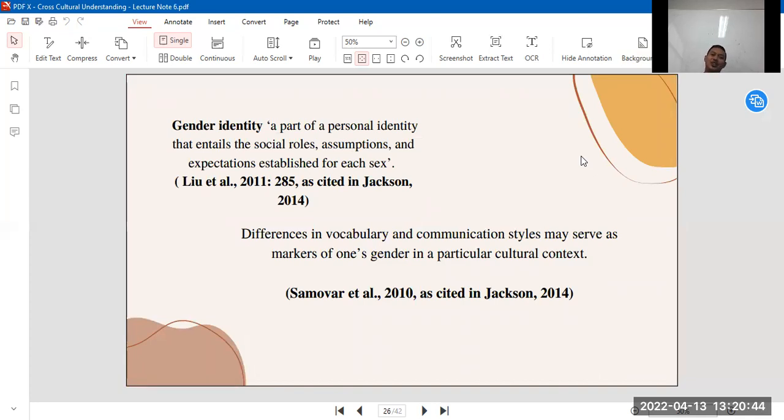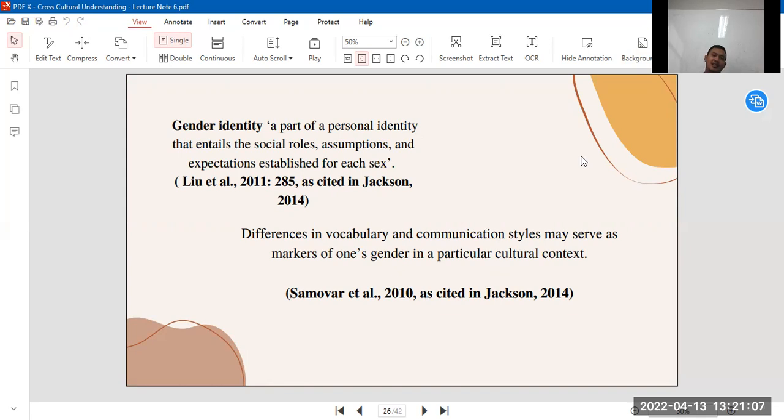But right now, due to globalizing forces and the increasing interconnectedness of the world, the roles of women in particular areas are changing along with the communication styles, language use, and values.